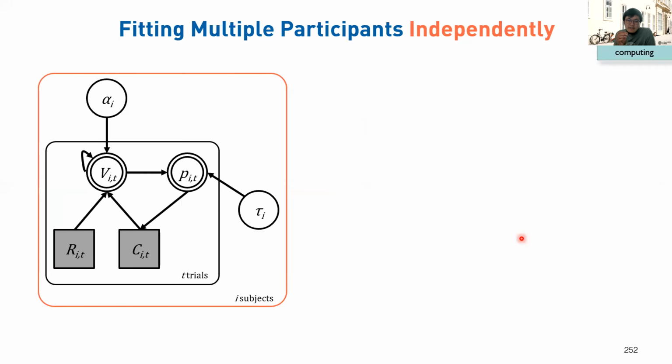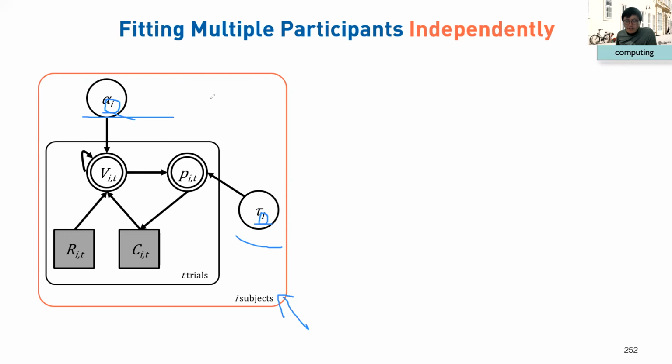So let's say we are trying to run all of the 10 participants independently. Here again, this red circle is the subject loop, but instead of all of the 10 people having the same learning rate and the same softmax inverse temperature, now these two variables are inside the subject loop, and we also have a subject index here and here.